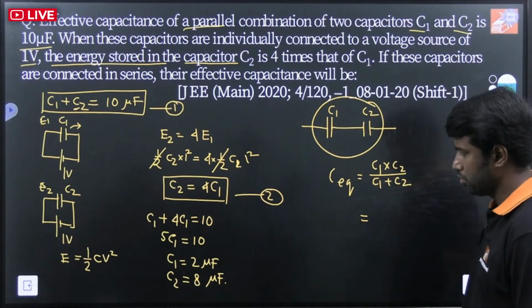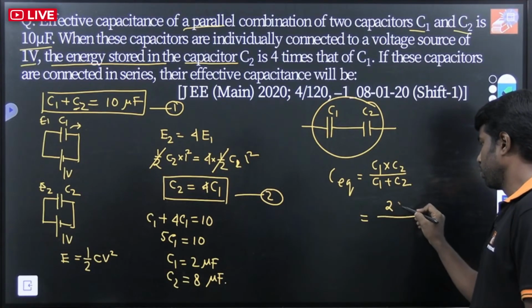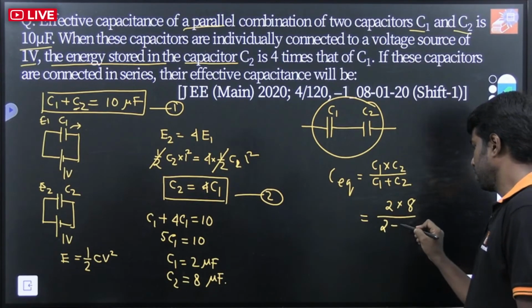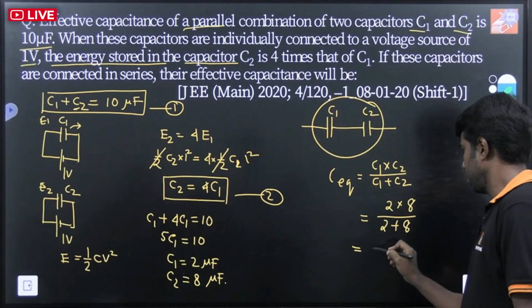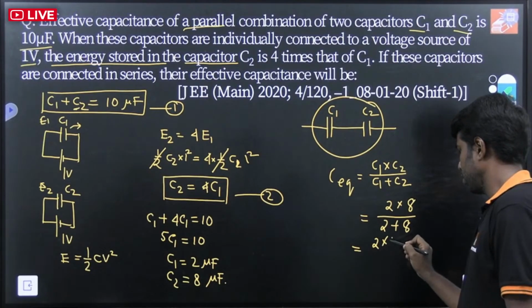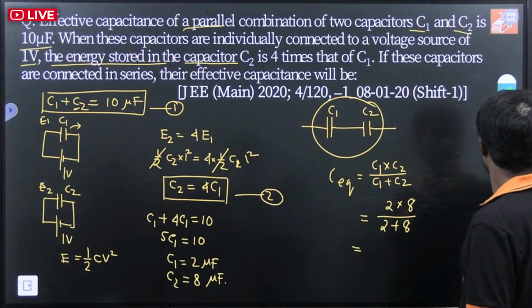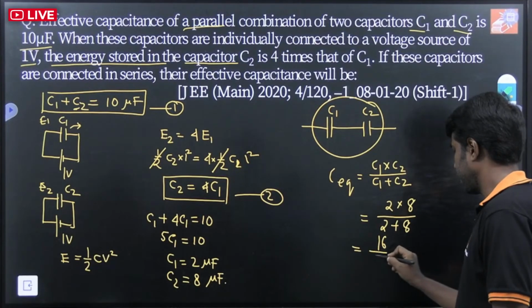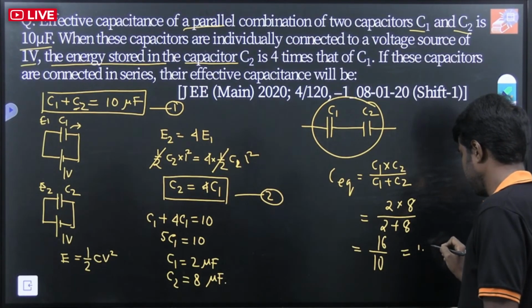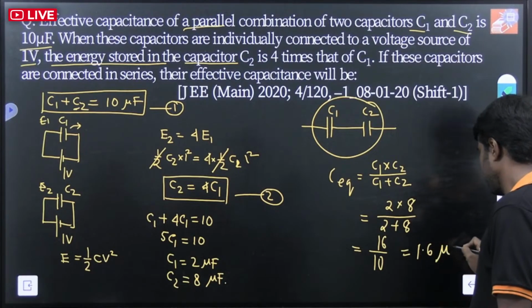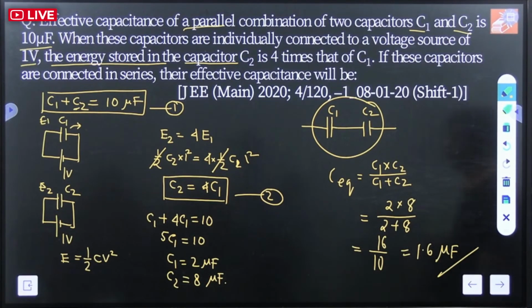So we put these values, 2 into 8 by 2 plus 8, which is 16 by 10, equal to 1.6 microfarad. Since we have the values in microfarad, we get the answer in microfarad. So this will be the answer, 1.6 microfarad. Next we will go to the next question.